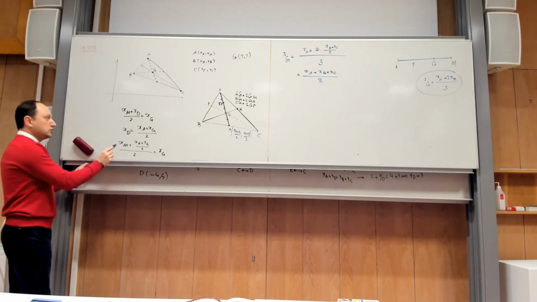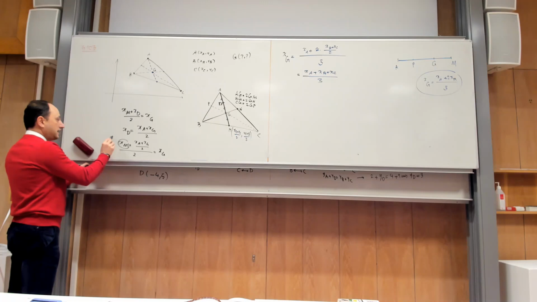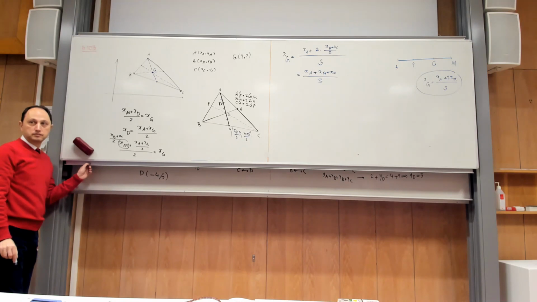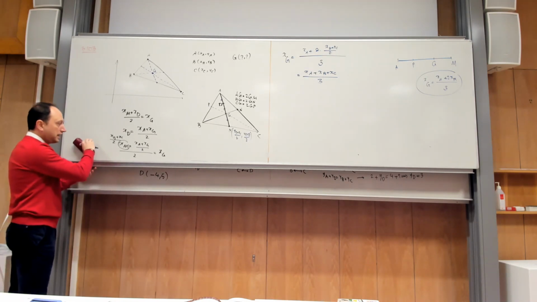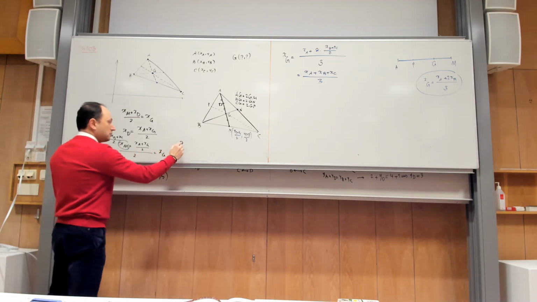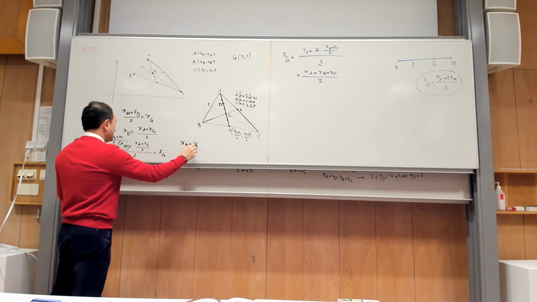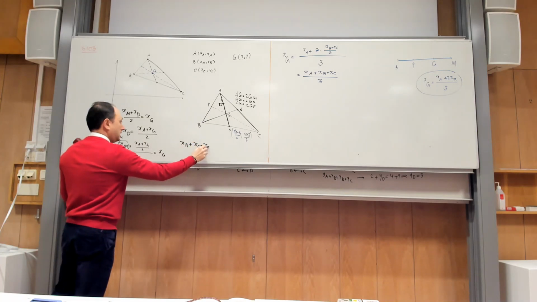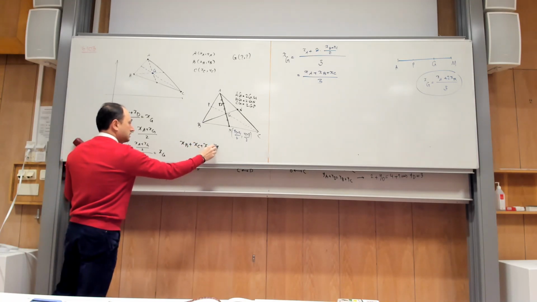But you also know what xm is. xm is xb plus xc divided by 2. And then I multiply everything in this by 2. This 2 and that 2 are cancelled. This becomes 4. So this becomes xb plus xc plus xa plus xg, divided by 4, is xg.